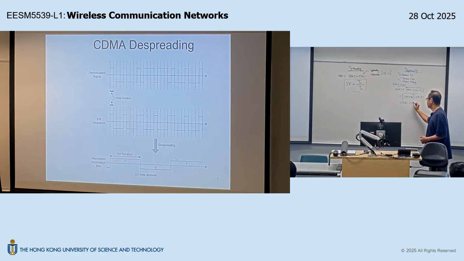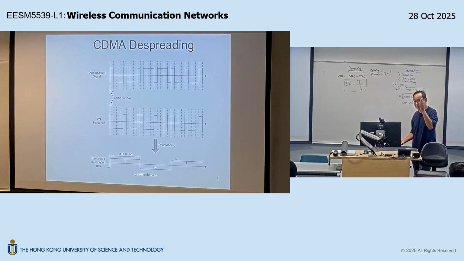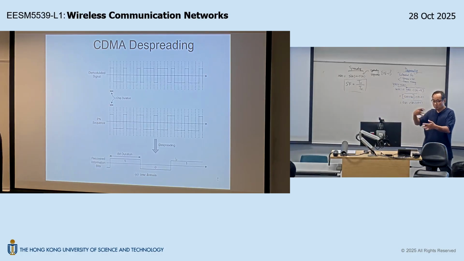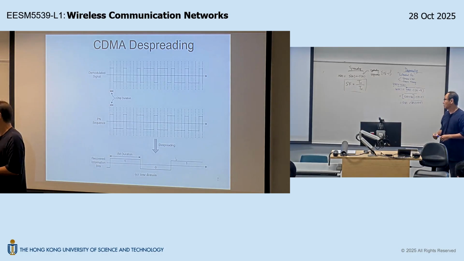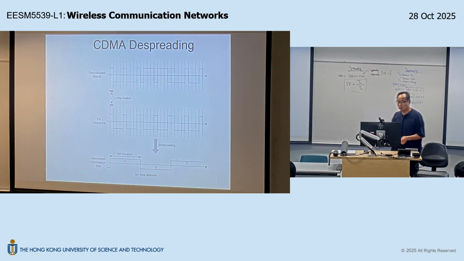So that becomes CT minus tau, and then take the average. Now, in this case, you won't be able to recover the symbol as well because the CT multiplied with a delayed version of itself is not guaranteed to be always 1, right? It still appears as broken pieces. So when you despread with the right key but wrong timing, the output is still broken pieces. You won't be able to recover the original symbol as well.